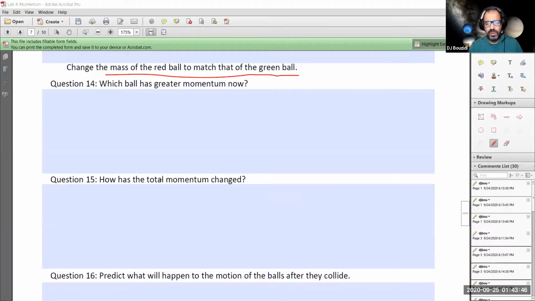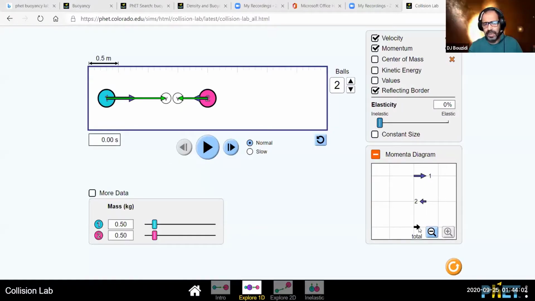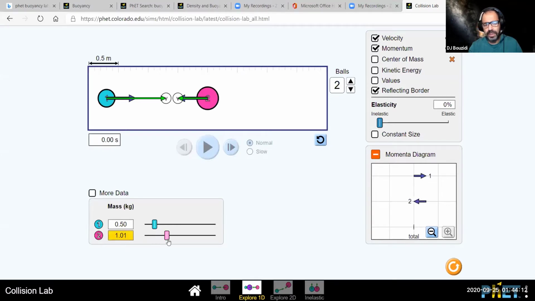So has the total momentum changed? Do we have now more momentum or less momentum than when we started with, overall, okay? So let me go back into the screen in here. Remember, look at this total momentum and which way it's pointing and its magnitude. I'm going to go back to where this was. Okay, no, I can't. It's resetting that thing.